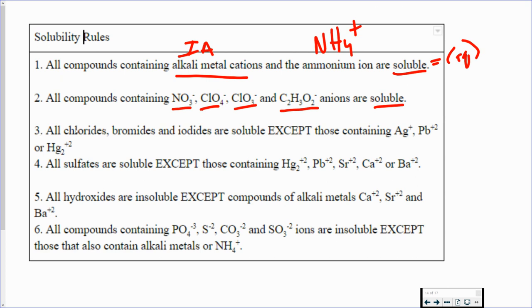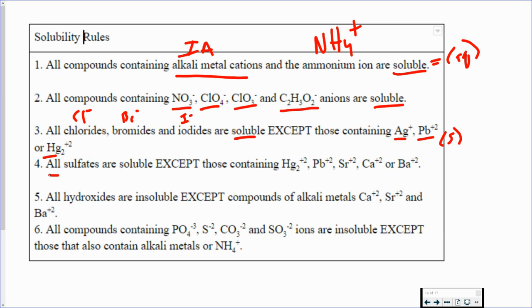So then number 3, all chlorides, that's Cl minus, bromides, Br minus, iodides, I minus, are soluble. But if they're in a compound that contains silver, lead 2, or mercury 1, they're not. So when it says except, that would mean that these 3 would be our precipitates. They're solids.